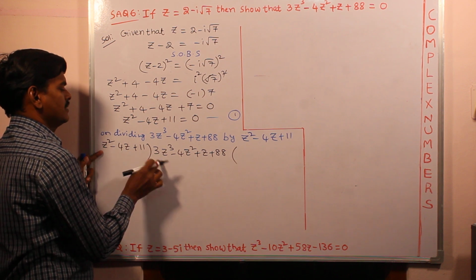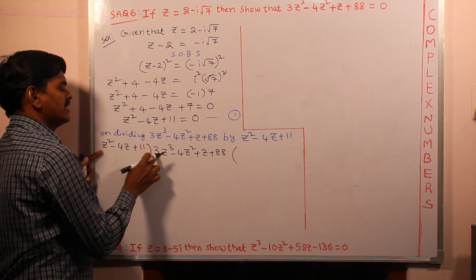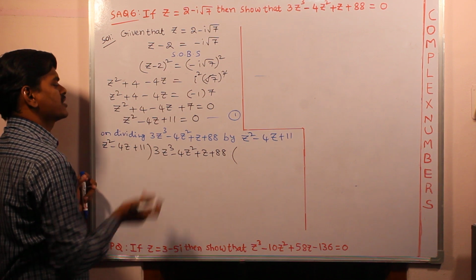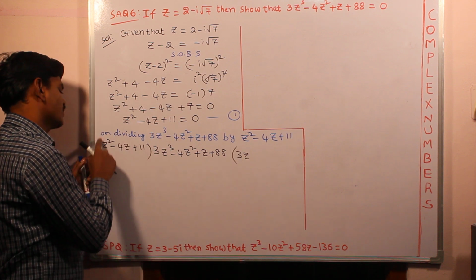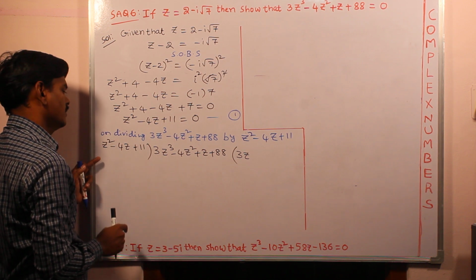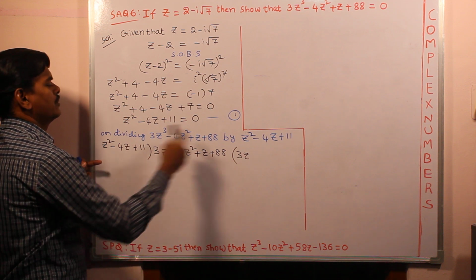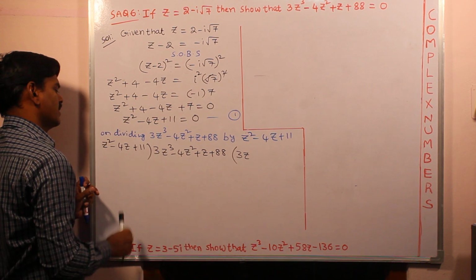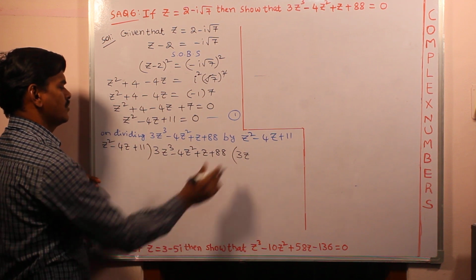So z square must be multiplied by which term to get 3z cube? Your answer is 3z. If z square is multiplied by 3z, you will get 3z cube. Or simply, in rough work, 3z cube divided by z square gives 3z only. Like that you will get the quotient term here.